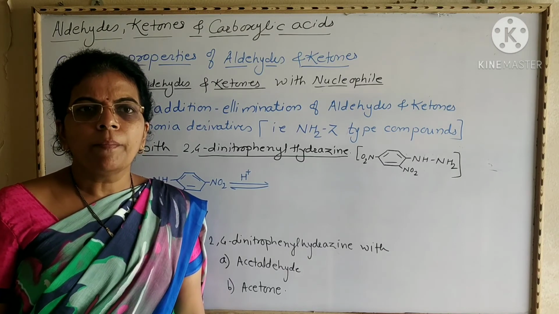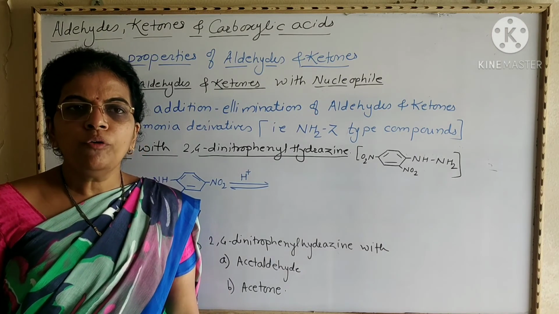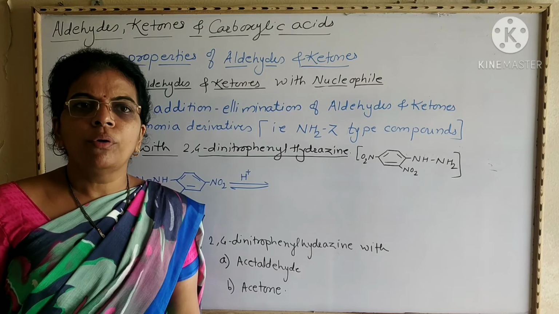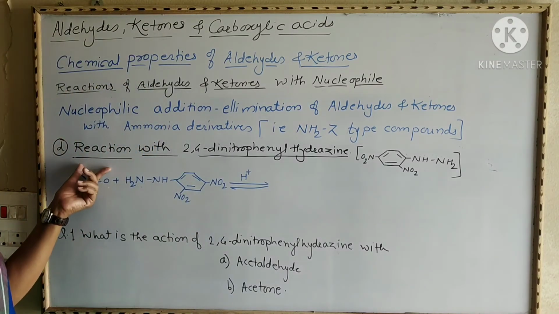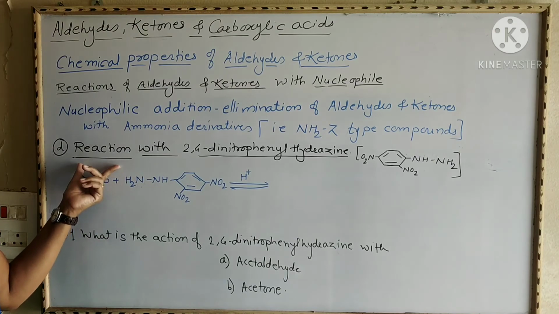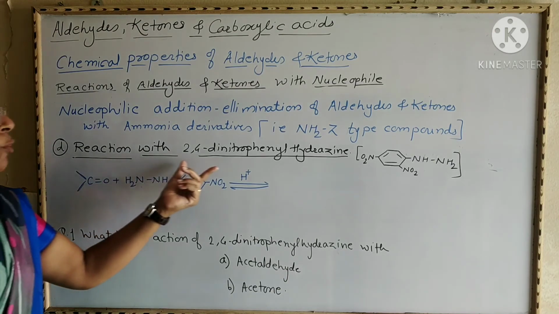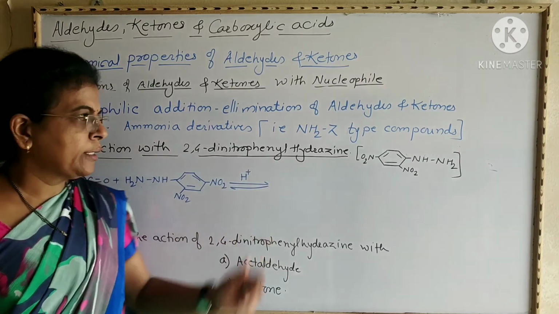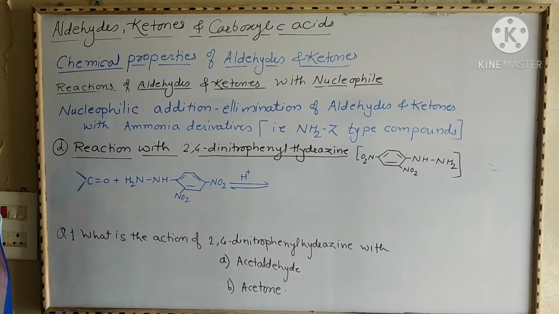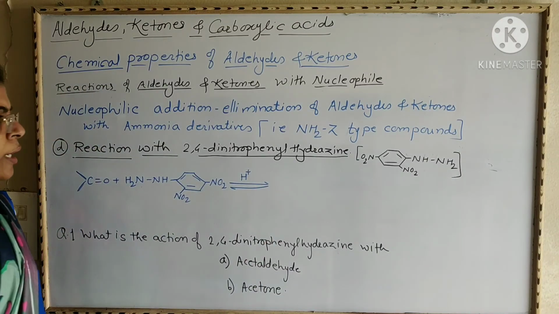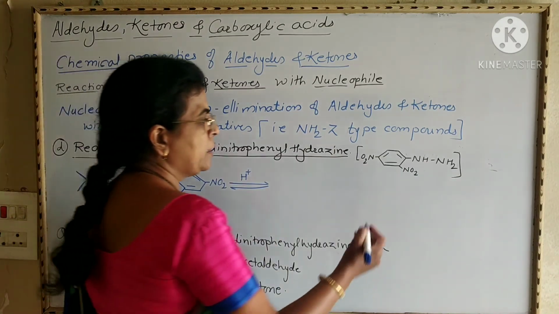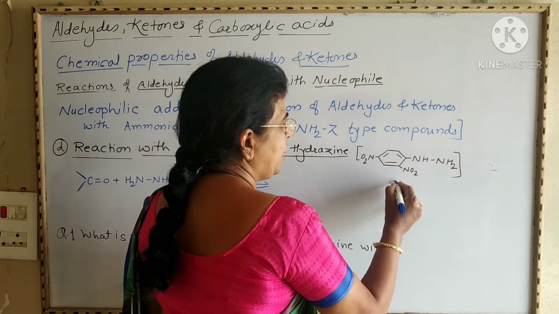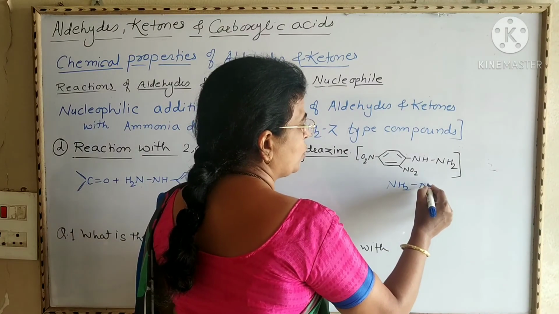Last reaction, nucleophilic addition-elimination of aldehydes and ketones is the reaction with 2,4-dinitrophenylhydrazine. Now the structure of 2,4-dinitrophenylhydrazine is like this. Now we know that the structure of hydrazine is NH2NH2.